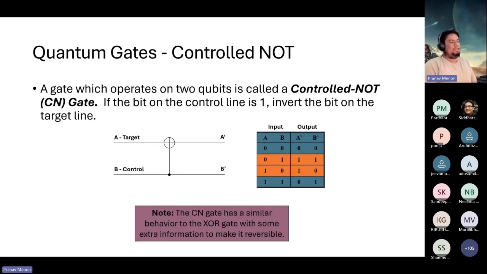So the CNOT gate is another. I'm not going through every gate that's there in the quantum computing environment, I'm just giving some highlights. The CNOT gate has one control value and the target value, and in this truth table you can see that it just inverts the value of the bit over here.